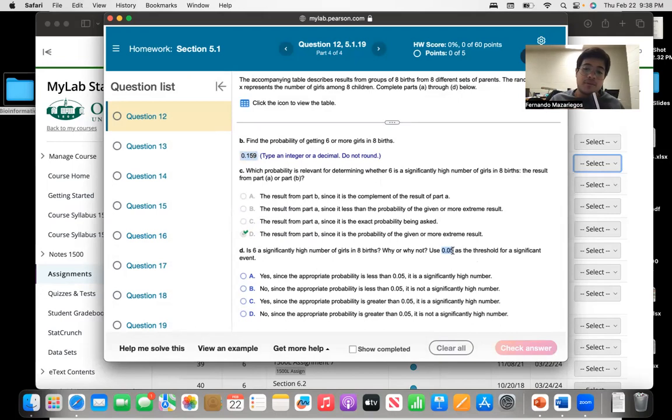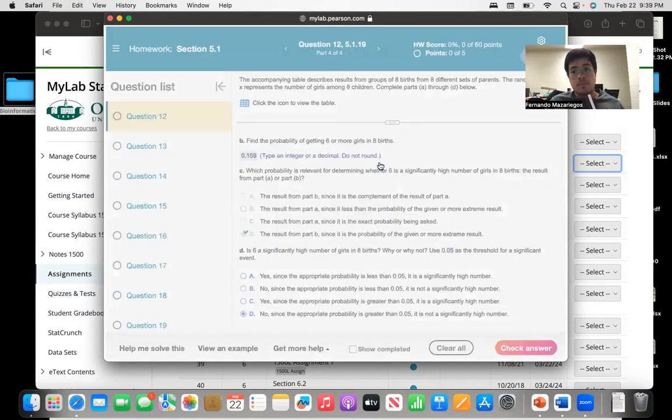For this event to be significantly high, we would need this probability that we calculated to be less than 0.05. That is not the case. So since it is not the case, it is not significantly high. So the question is, is 6 a significantly high number? The answer is no. Since the probability is greater than 0.05, it is not a significantly high number.